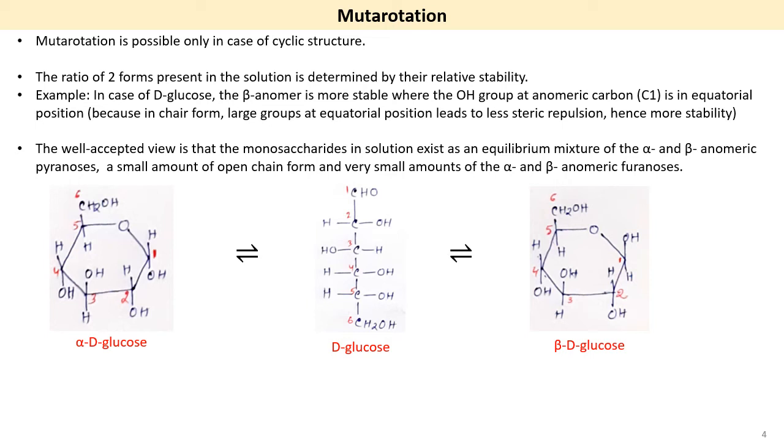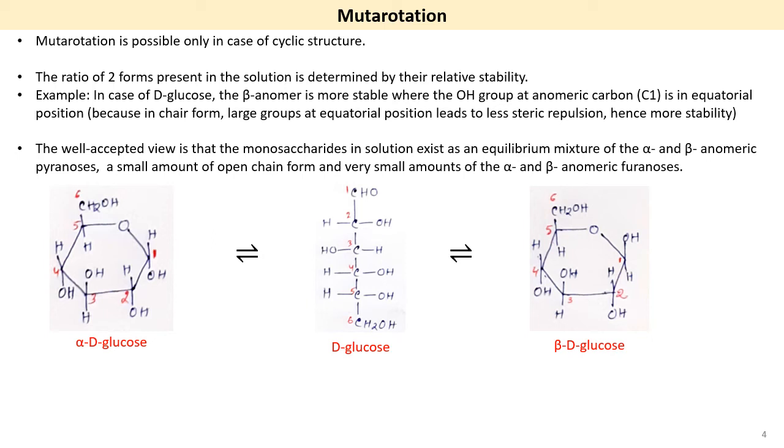The well accepted view is that the monosaccharides in solution exist as an equilibrium mixture of alpha and beta anomeric pyranoses, a small amount of the open chain form, and very small amounts of the alpha and beta anomeric furanoses. So these are the cases in case of pyranoses, that is the 6-membered rings.